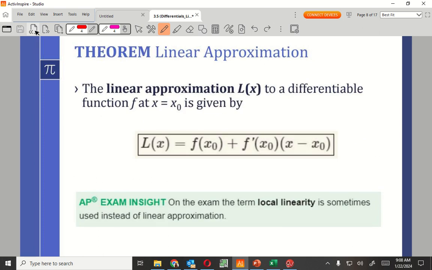What number am I going to plug into my x? What number is given to me? 0. Okay, it's 0. So we're going to plug this into my original function, so this is going to be 0, isn't it? Yeah. Okay, good. So I'm going to plug in 0 to my function.